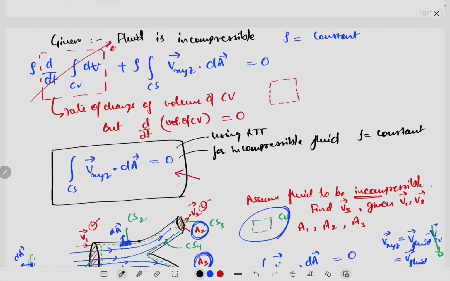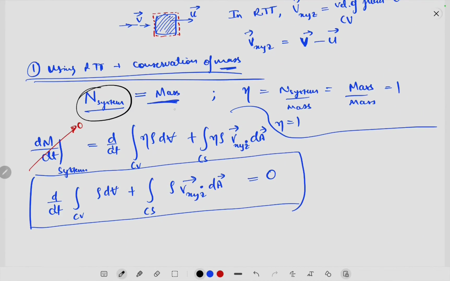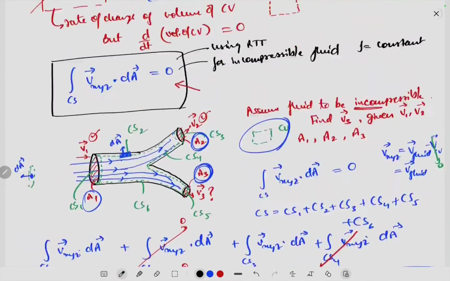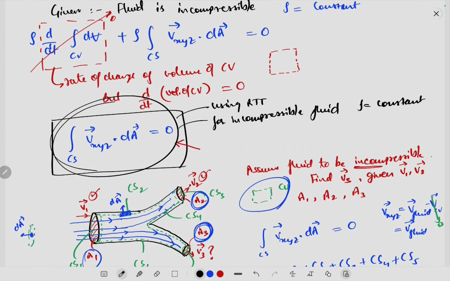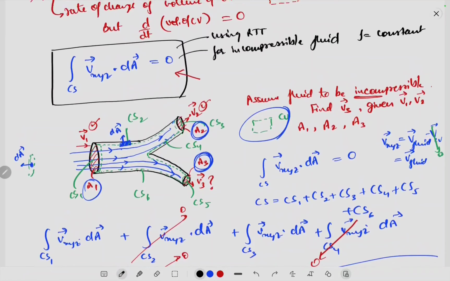For example, we just derived by taking N system equal to mass, and we arrived at this expression.